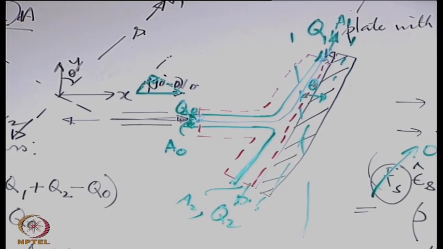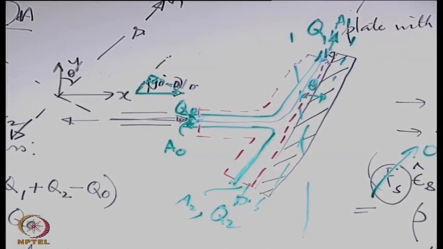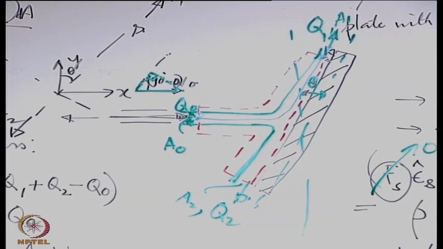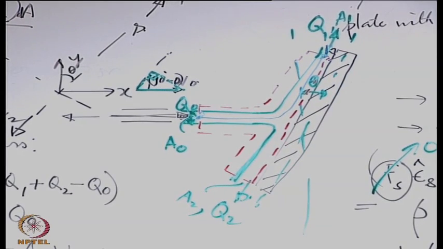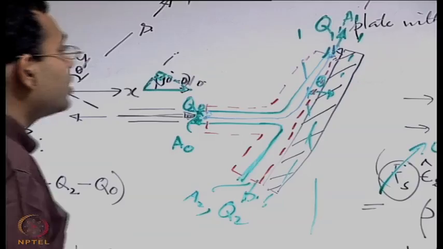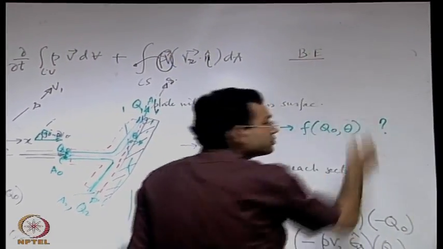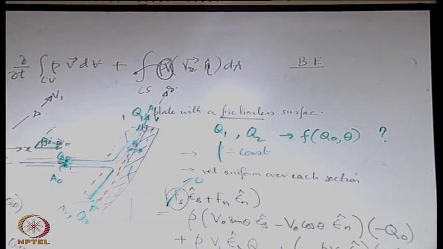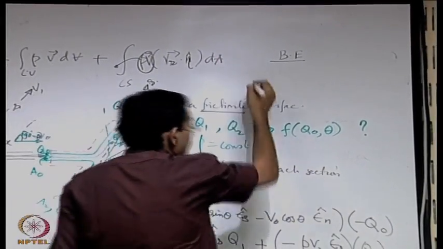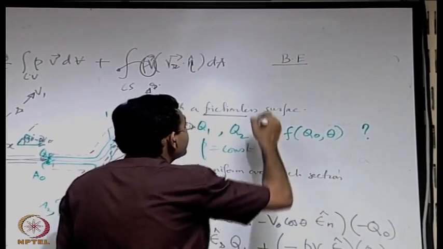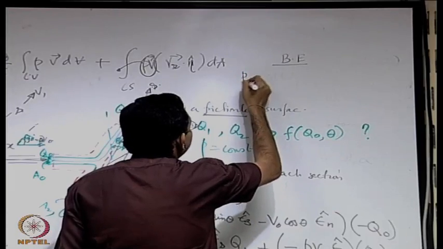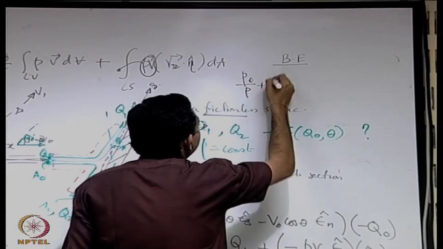Now if you apply Bernoulli's equation between any 2 points on the streamline, let us try to apply that and see what new information we get. First of all let us write it, and then the information will be clear.